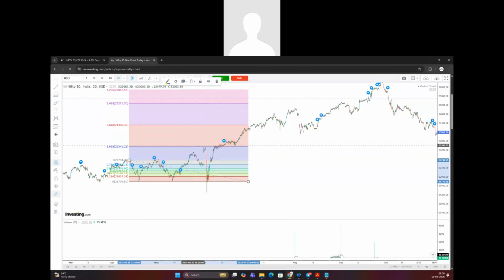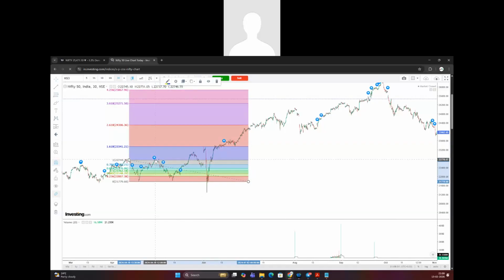From there, it takes retracement. One more secret is that if it takes a very long time to touch 1.618, as soon as it touches 1.618, we will see a big fall coming. Similarly, see, here it is.